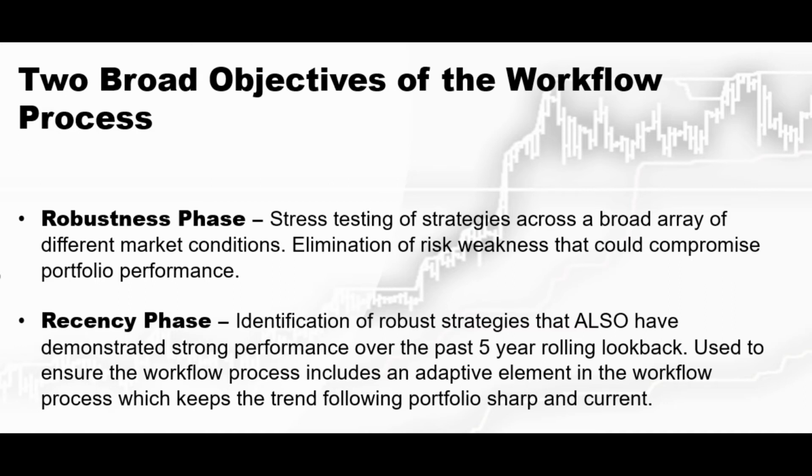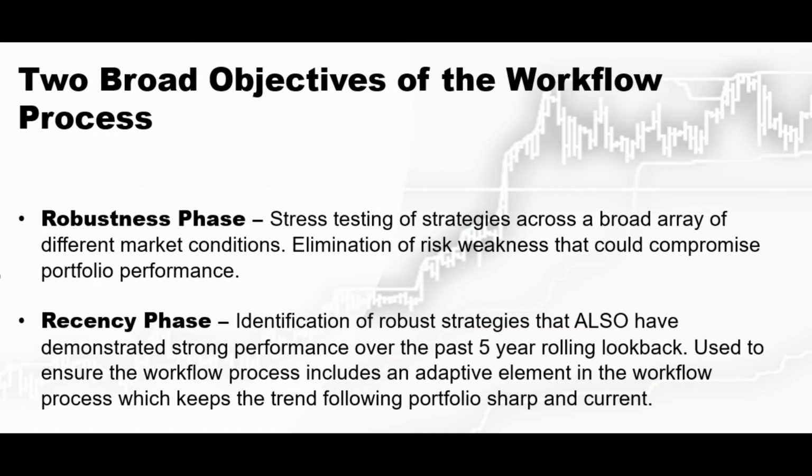Now, in terms of the statement of outperformance, I once again do not have an opinion about how these strategies are going to perform in the future, but rather I am seeking an adaptational element within the workflow process. Now, to understand this adaptational element, we need to bear in mind that we undertake this workflow process annually to retire and replace algorithms in our portfolio.